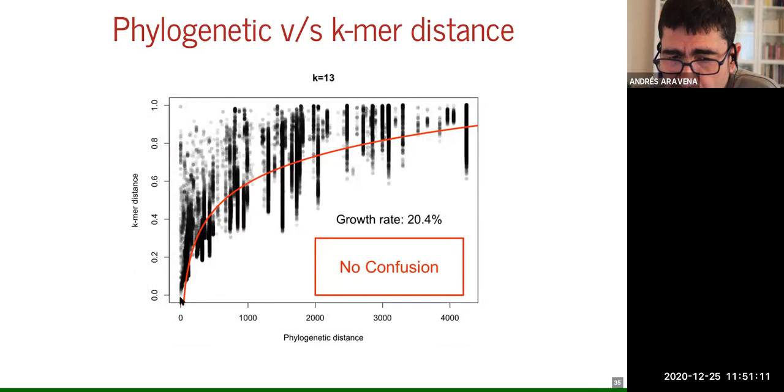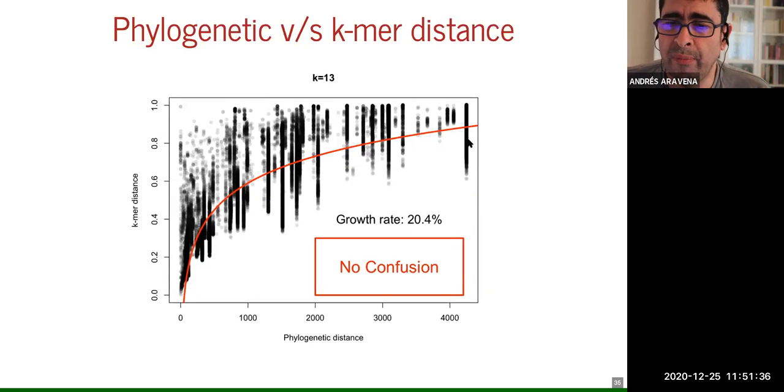you follow this line. So you start with 0 because, fortunately, things that are phylogenetically close also have close k-mer distance. I'm trying to compare two distances, phylogenetic distance and the k-mer distance. And I found that when the phylogenetic distance increases, the k-mer distance increases.